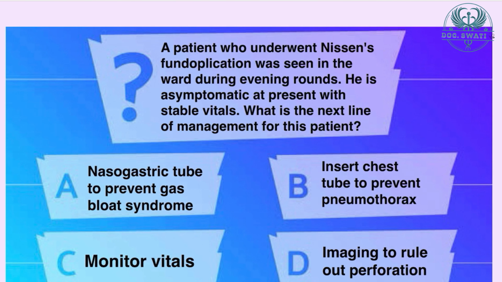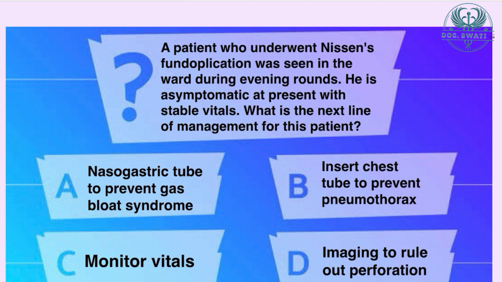Now let's move ahead and discuss the second and the last MCQ for today. A patient who underwent Nissen fundoplication was seen in the ward during evening rounds. He is asymptomatic at present with stable vitals. What is the next line of management for this patient? Option A, nasogastric tube to prevent gas bloat syndrome.